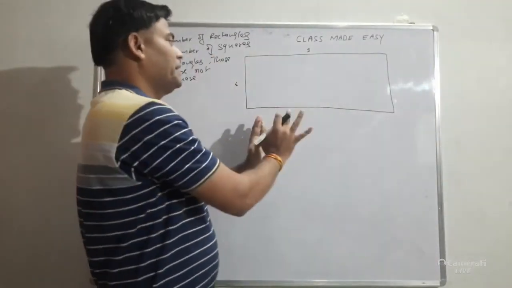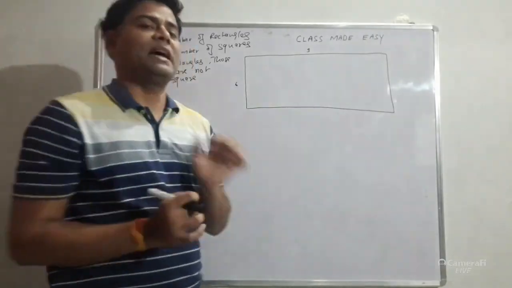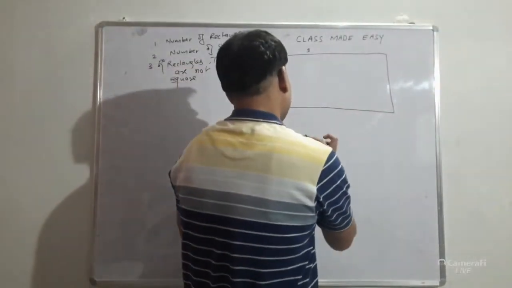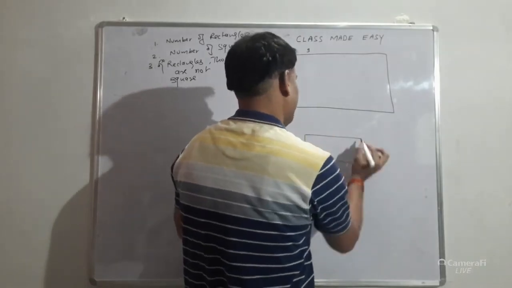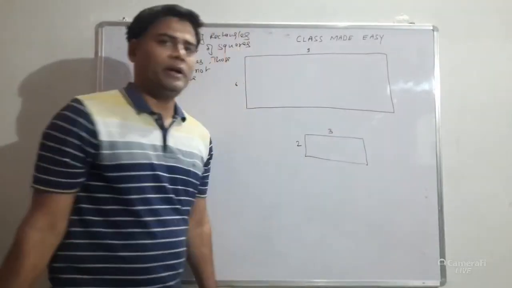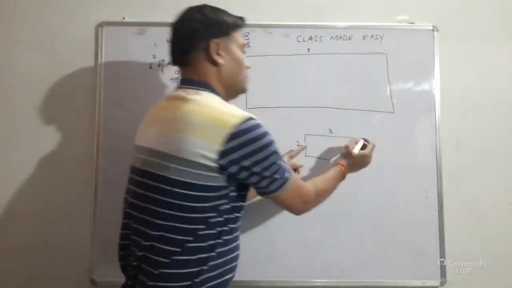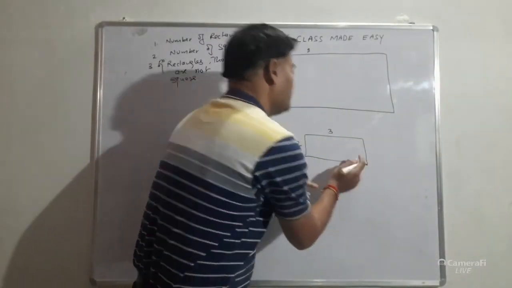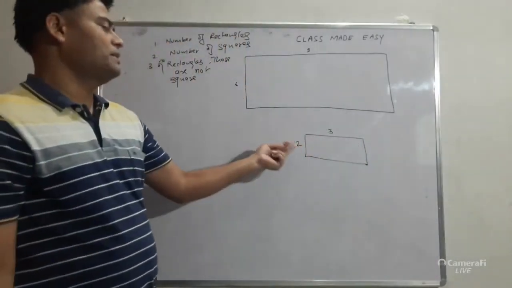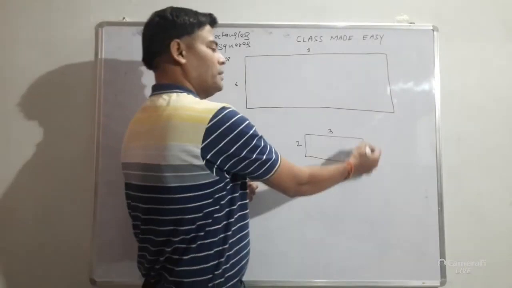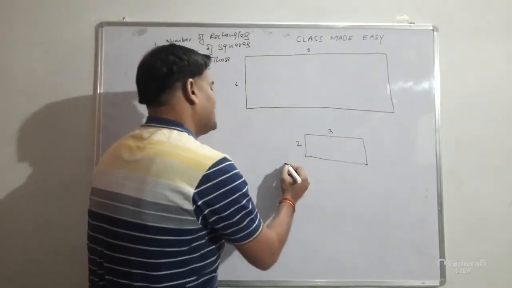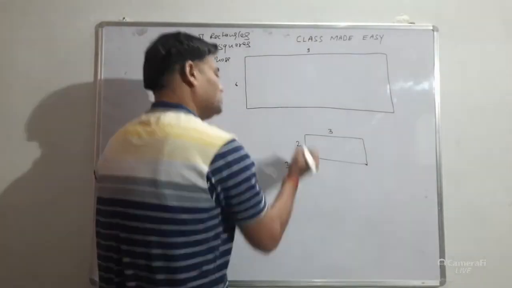For understanding, I will take a smaller size, 3 by 2, so you can easily understand how many rectangles you can make and how many squares. So the size is 3 by 2.